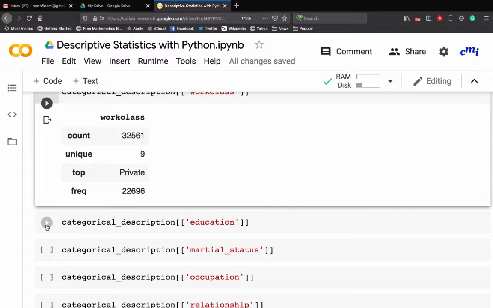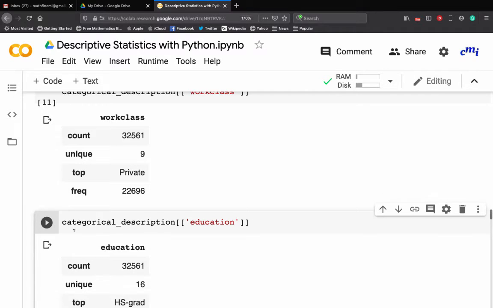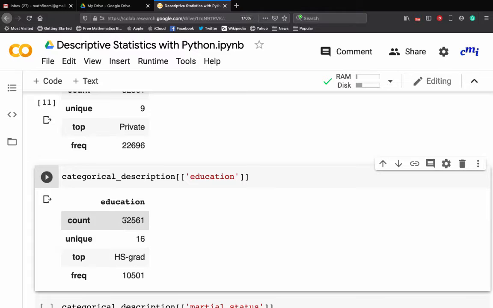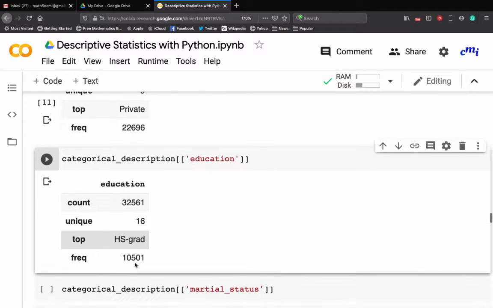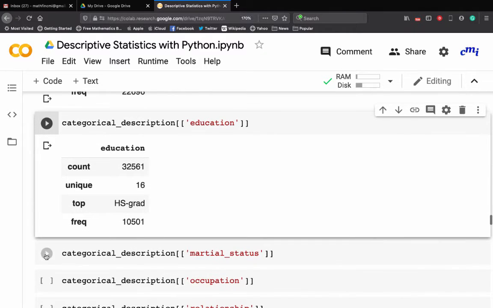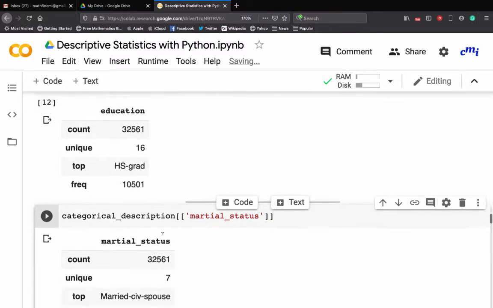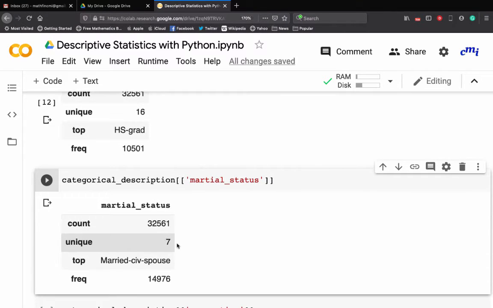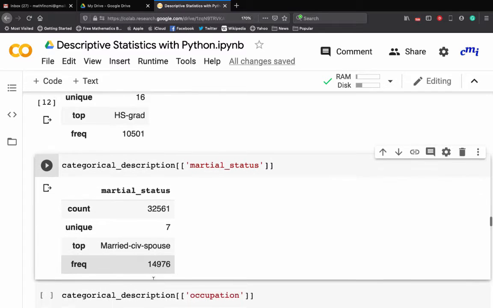Similarly, you can run it for the others. For education, there are 16 different unique values, out of which 10,501 are HS graduates, high school level graduates. For marital status, 7 different kinds of marital status are noted. Married-civ-spouse is the maximum number of cases observed in the dataset.